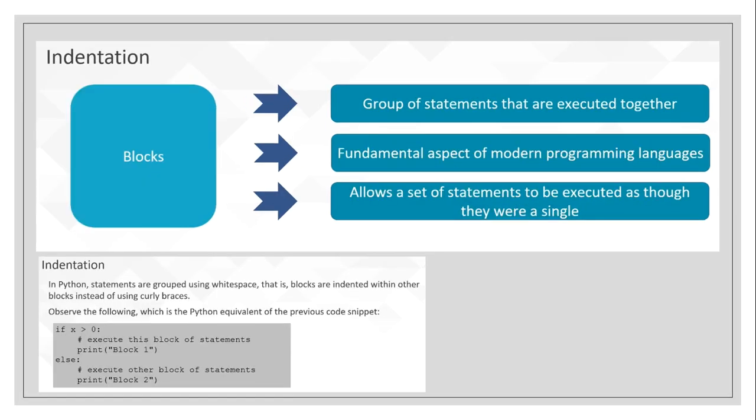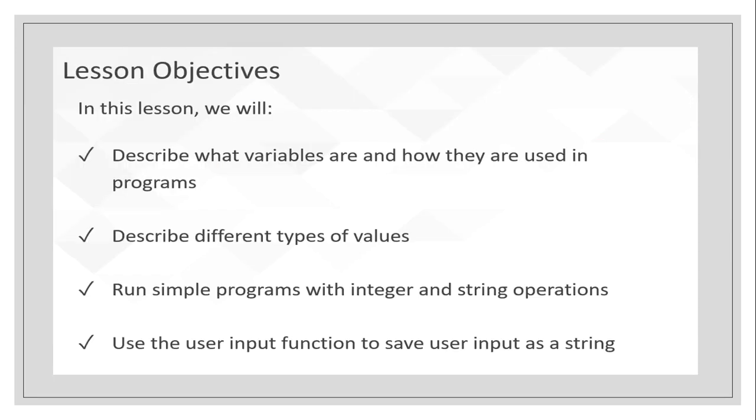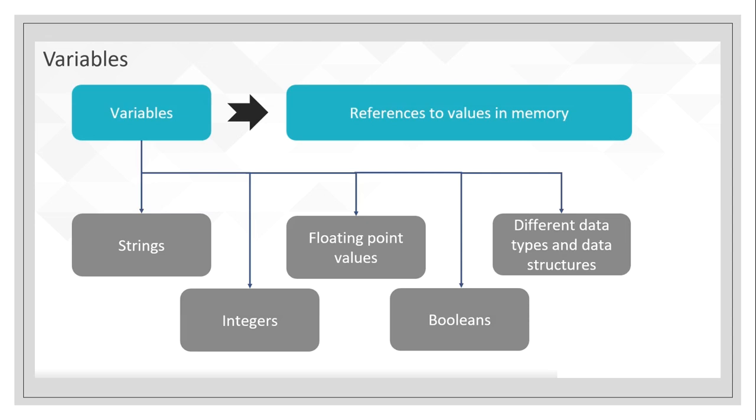Okay. So we already know we have to write code with indentation, right? And then the lesson objectives, which we already covered, very basic. Now when we talk about variables, we know what we mean. As humans, we understand different numbers, strings, money, and booleans, true and false.